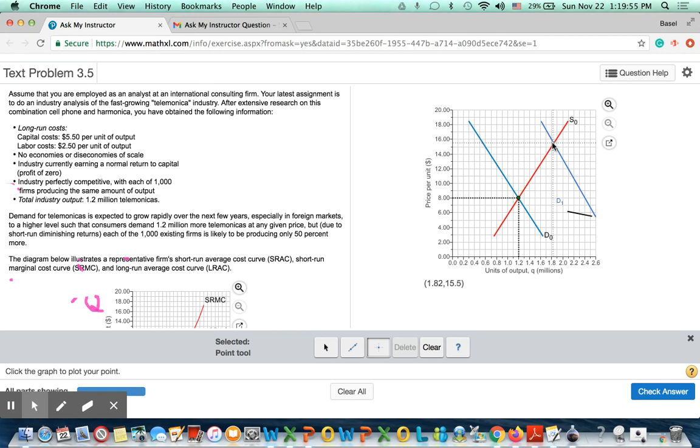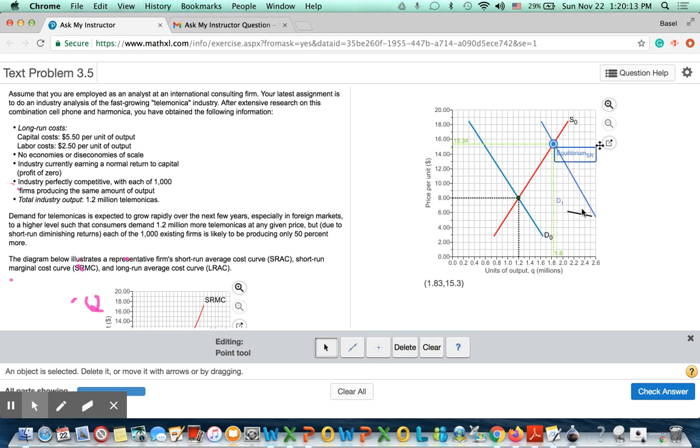This is not 100% accurate. Let's just get this price right here. So this is the short run equilibrium.